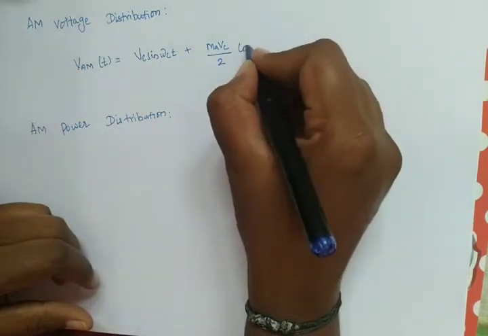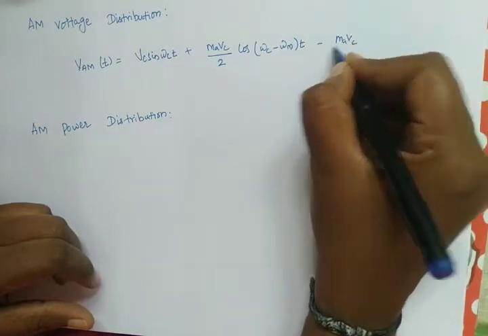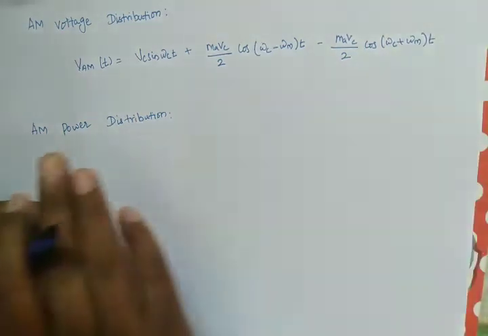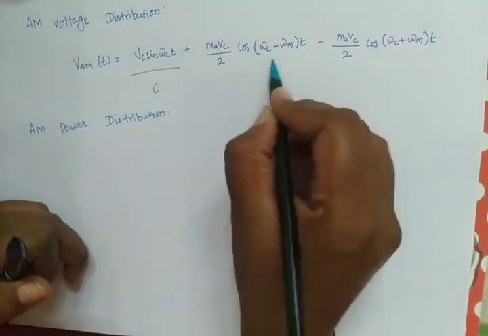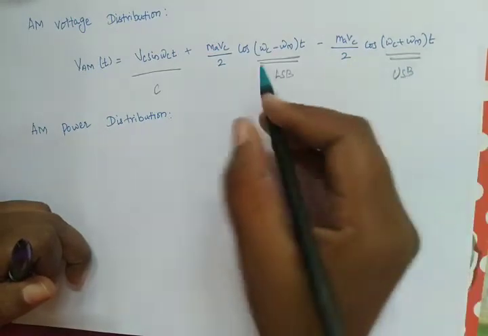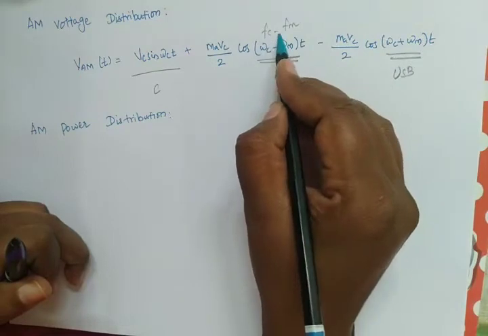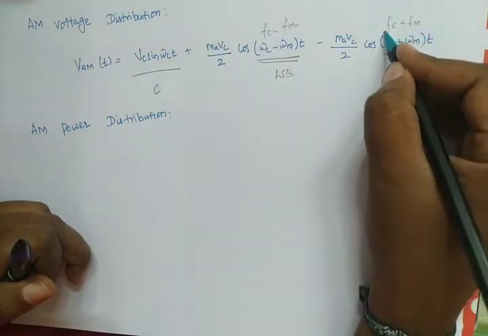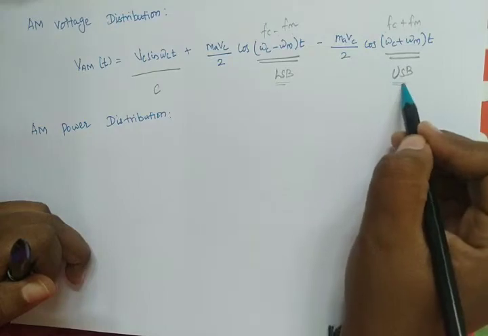m_a V_C by 2 cos(omega_c minus omega_m)t minus m_a V_C by 2 cos(omega_c plus omega_m)t, and this is said to be the AM voltage distribution, whereas this is our full carrier, this represents the lower sideband and this represents the upper sideband, because here we have f_c minus f_m, that is carrier frequency minus message frequency, and here it is f_c plus f_m, that is carrier frequency plus message frequency, and that is why this is called the lower sideband and this is called the upper sideband.